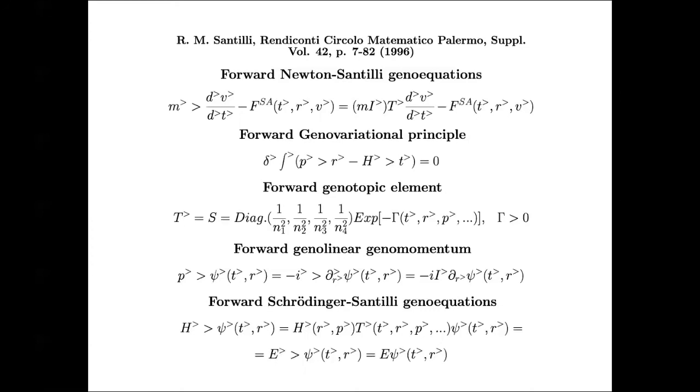So after canceling the unit, you end up with an ordinary number E multiplied by the wave function. However, keep in mind that unlike it is the case with quantum mechanics, this Schrödinger-Santilli Gano equation by conception represents non-conservation over time, because it is essential for the representation of irreversibility at the operator level.